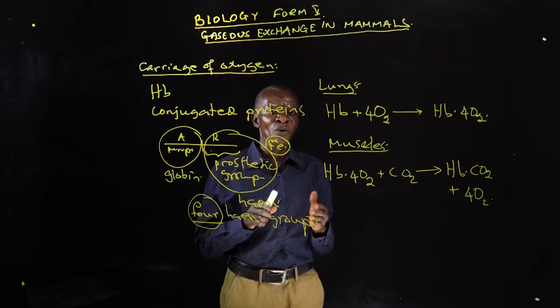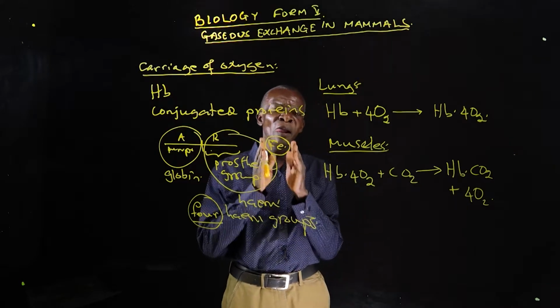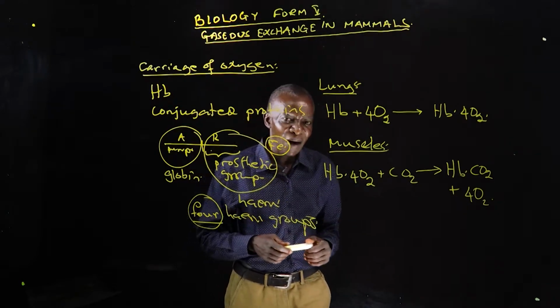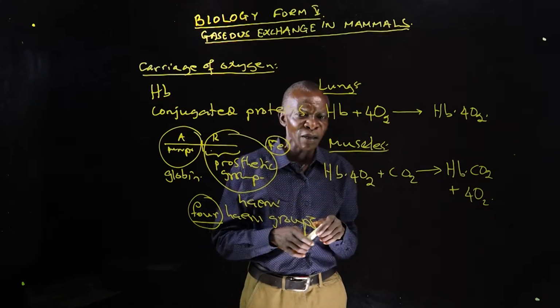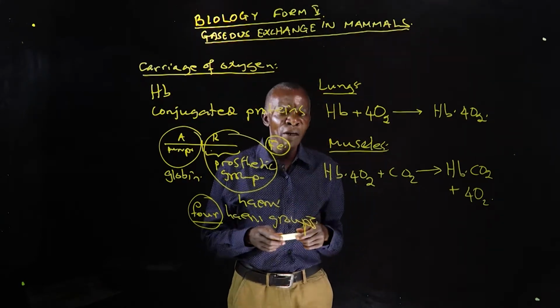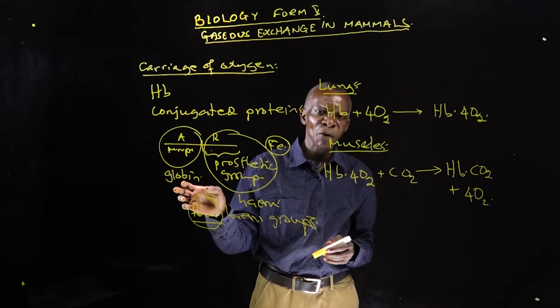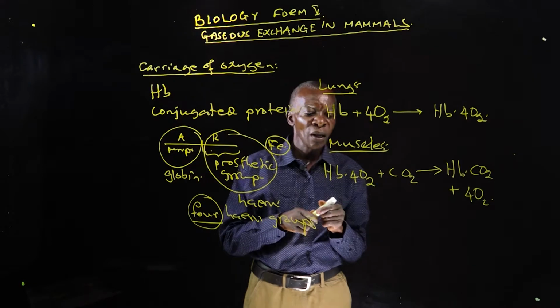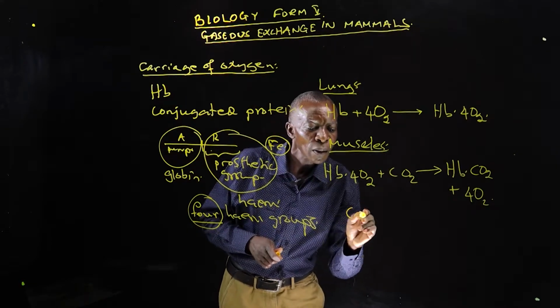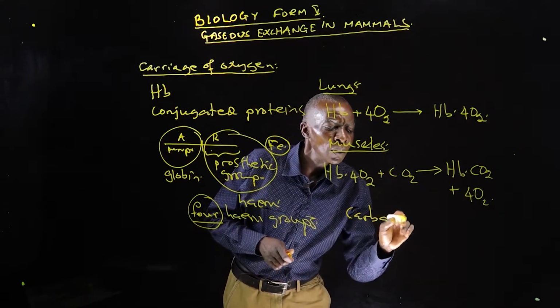Carbon dioxide is not loaded on hemoglobin by the iron atom. Rather, it is loaded on the amino group of the globin portion. That's why the product is called carbamino hemoglobin.